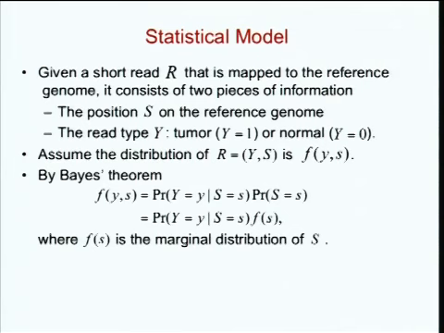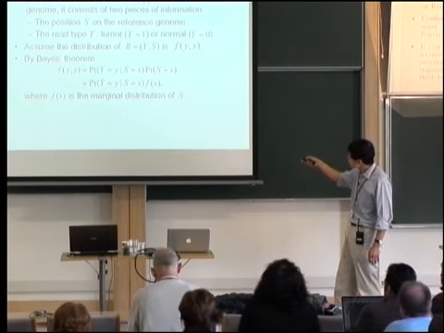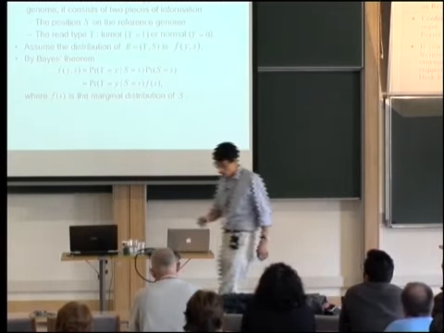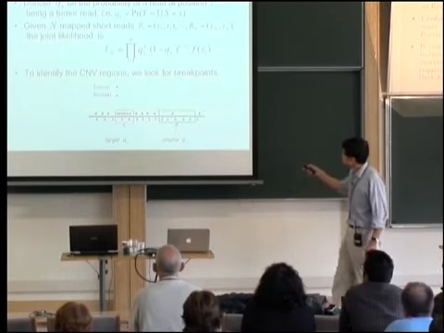Okay, so what is the model? Given a short read R that maps to the reference genome, we have two pieces of information: position S and the read type, whether it's tumor or normal. And we have this joint distribution of Y and S that we're going to use to construct a likelihood.